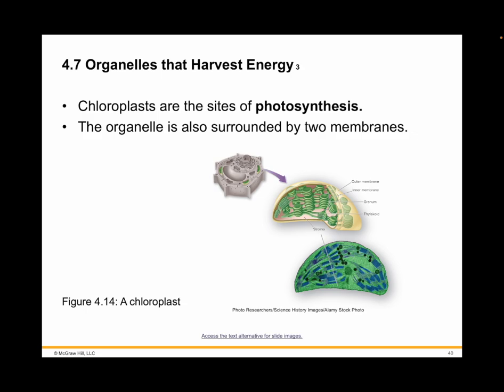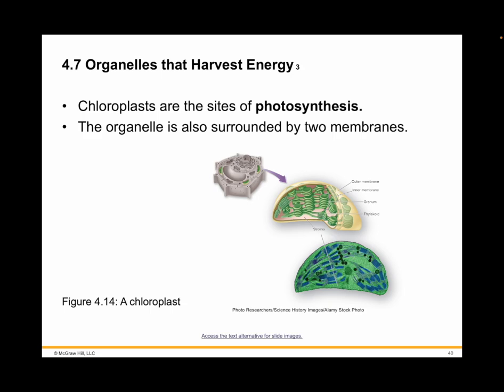The energy harvesting reactions of photosynthesis take place within the thylakoids. The thylakoids are stacked on top of one another to form a column called a granum, or grana being plural. The interior of a chloroplast is bathed with a semi-liquid substance called the stroma.